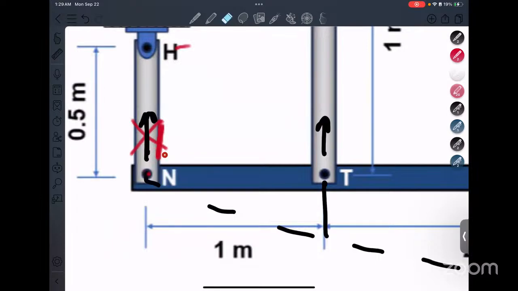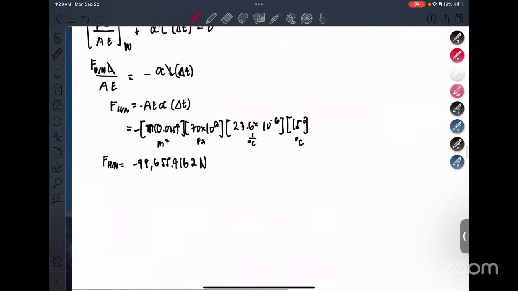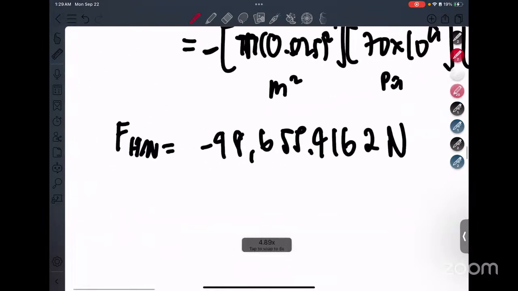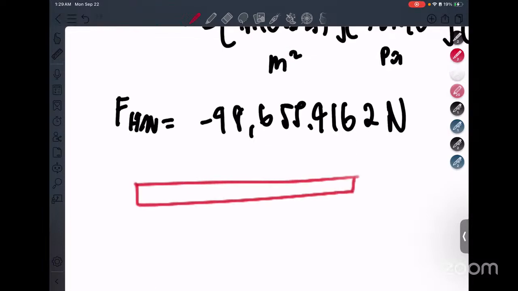Right? Because you have action-reaction pairs. So that's why it's downward. So, your new system involves a downward FHN.